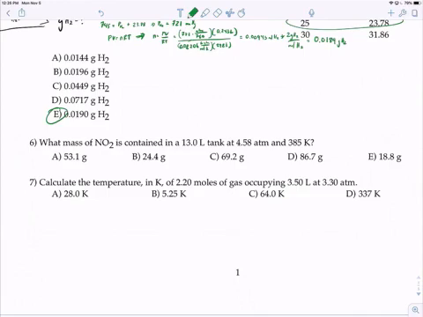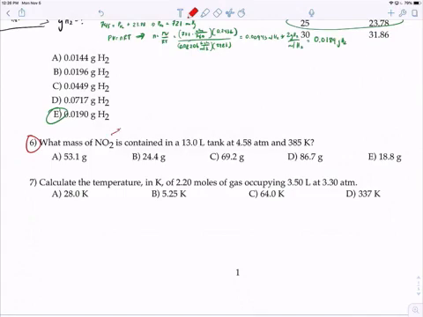Oh man, a lot of mole stuff. What mass of NO2 is in a 13-liter tank at 4.58 atmospheres and 385 kelvins? All right. So how are we going to figure out mass?